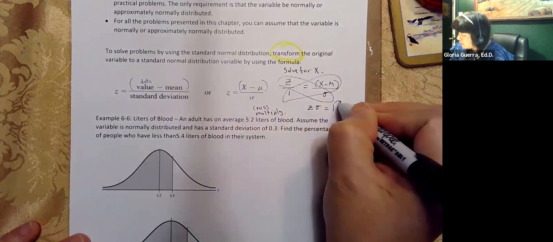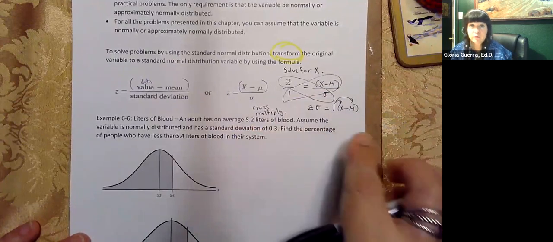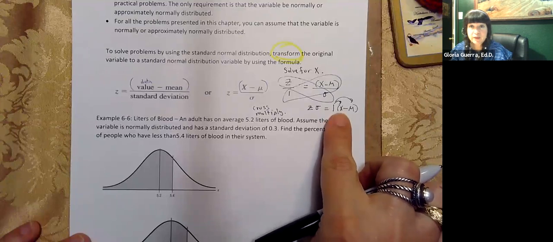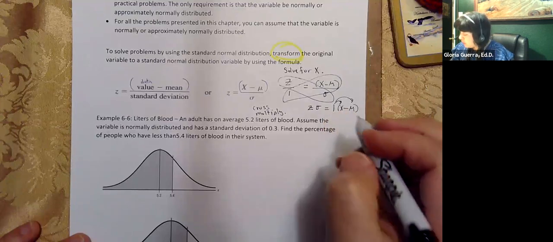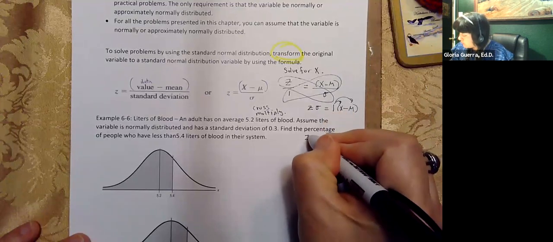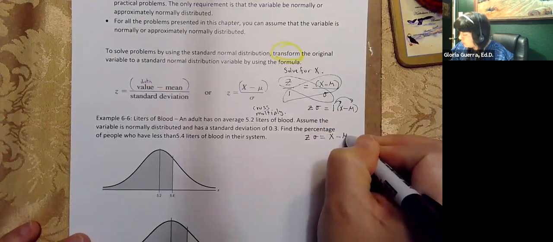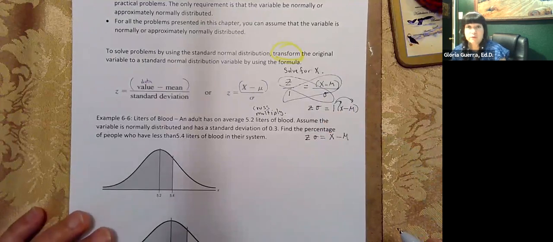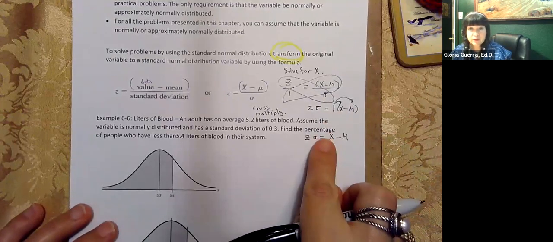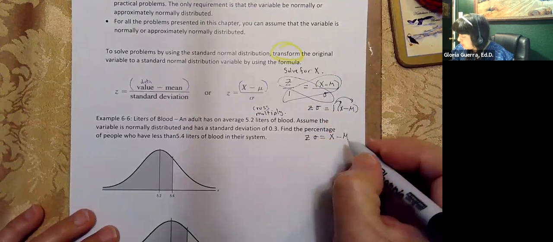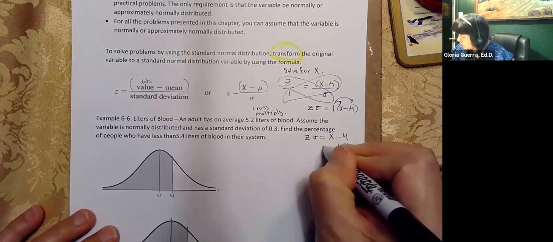Remember, 1 times anything is itself, and you're doing the distributive property, 1 times x, 1 times a negative mu. So basically we have z times sigma is equal to x minus mu. And remember, we're trying to solve this for x. So to solve for x, we want to isolate x, get x by itself. So I'm going to add mu to both sides.